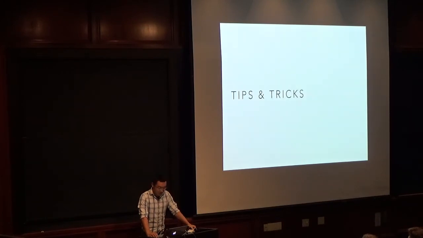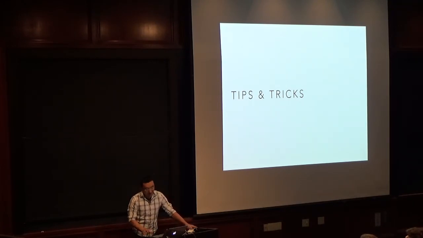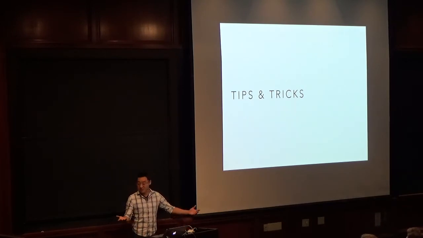Okay, so I'm going to close out the lecture with a survey of some tips and tricks and some interesting observations about training deep neural nets. I call them tips and tricks because understanding how to properly train neural nets is a topic of contemporary research.